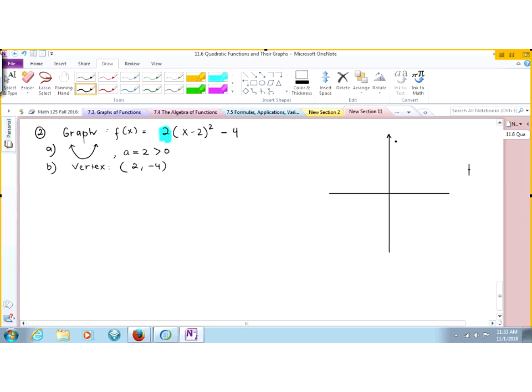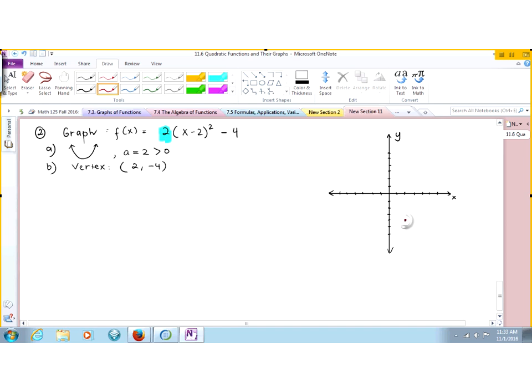Now we're going to graph (2, negative 4). Once we have the vertex, we could actually start graphing, and then graph the axis of symmetry. So 1, 2, 3, 4, 5, 6 on each axis.